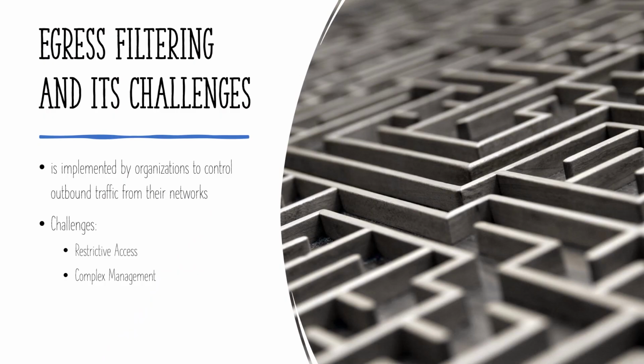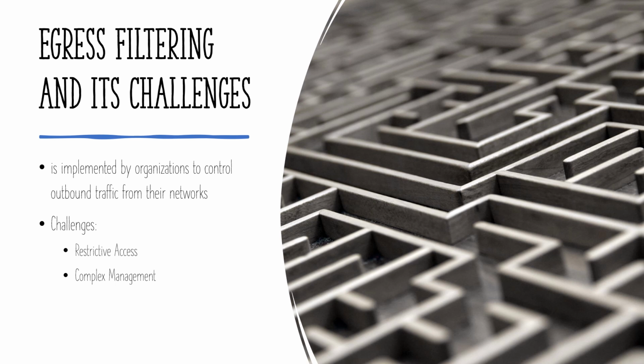Egress filtering, on the other hand, is implemented by organizations to control outbound traffic from their networks. This practice is crucial for preventing data exfiltration, ensuring data loss prevention, and blocking access to malicious online destinations. Challenges. Overly restrictive access.